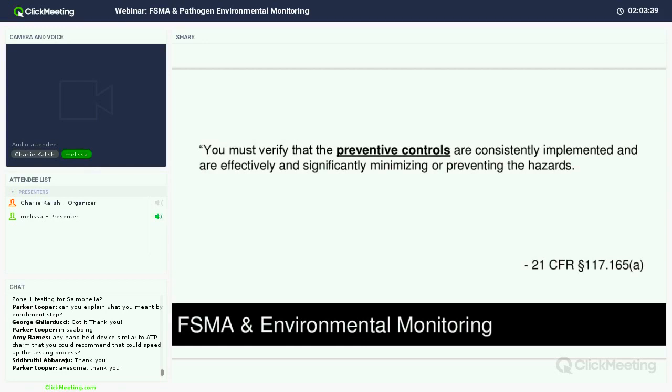And then there's a whole other set of safety parameters that apply to preventing cross-contamination of the facility, the building, the food processing facility itself, which can, of course, cause contamination of the food that's being manufactured.